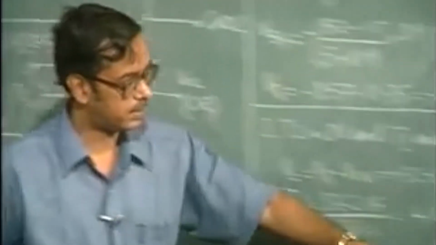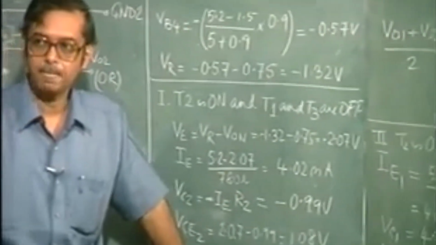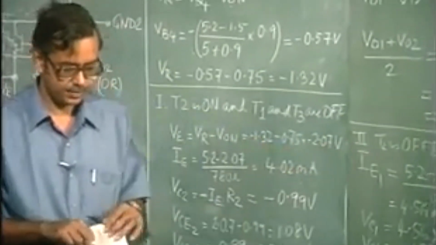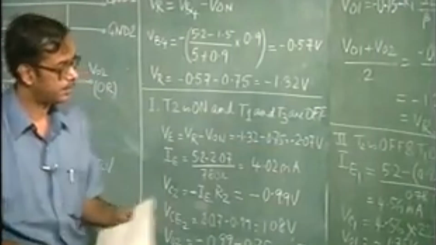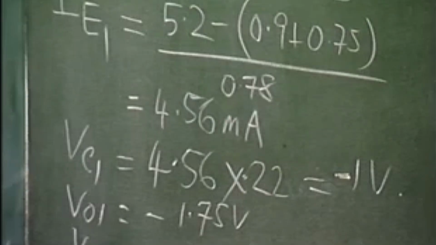So, we assume that this is the voltage. So, basically you see that in both cases this is true. So, the output voltages vary from minus 0.9 to around minus 1.7475 volts.